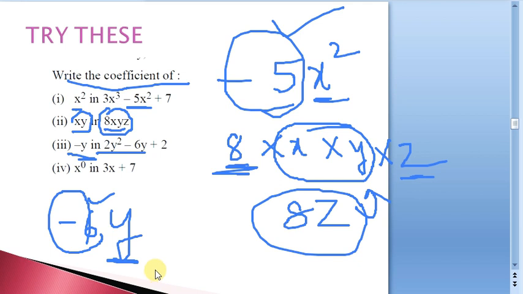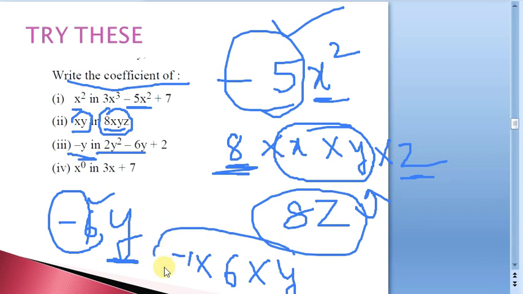Suppose I ask you what is the coefficient of minus 5. Always remember, whenever something is in multiplication you can manipulate it, no problem. See here how you can write it: minus 6 is nothing but minus 1 into 6 into y. Whether you multiply this 1 with this minus 6 or minus 1 with the y, there is no problem for me. Why? Because whatever we have learned in the properties of multiplication, it is commutative in nature.